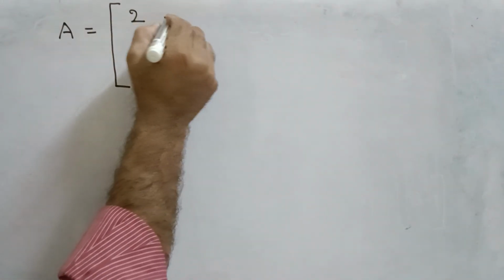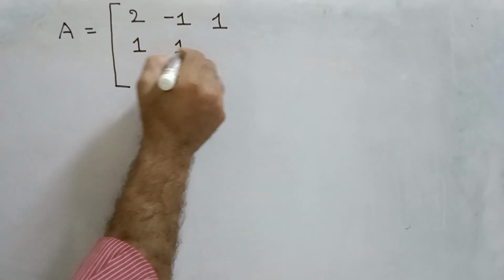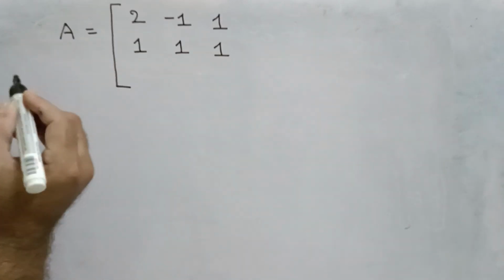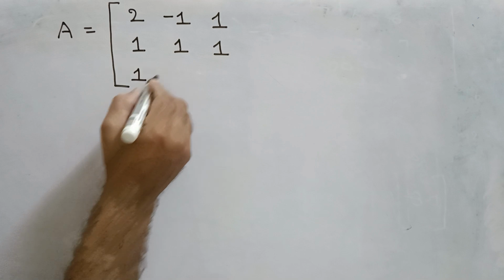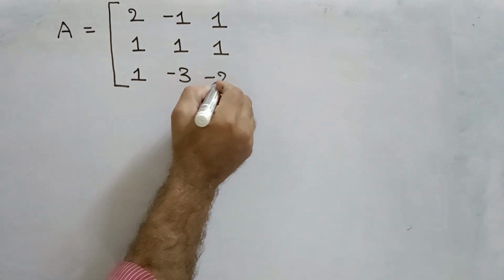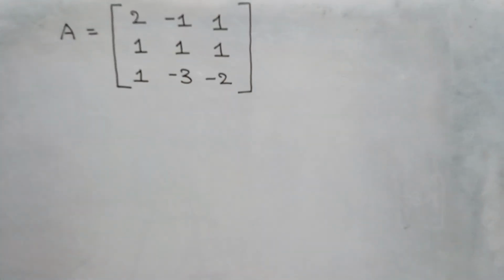It is 2 minus 1 1, again 1 1 1, and the third row is 1 minus 3 minus 2. Am I clear? That is the matrix A.